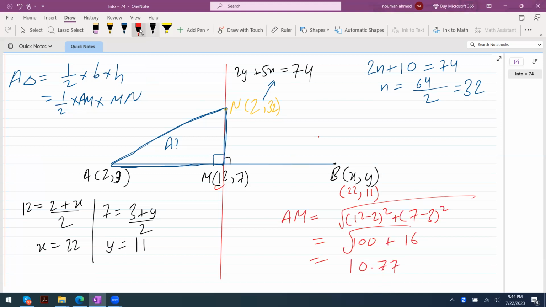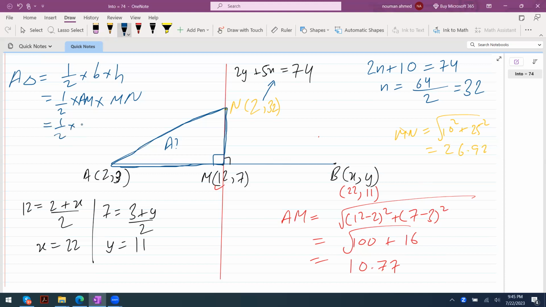What about MN? (2 minus 12) whole square, that is 10 square, plus (32 minus 7), 25 square, whole under the root. That is 26.92.